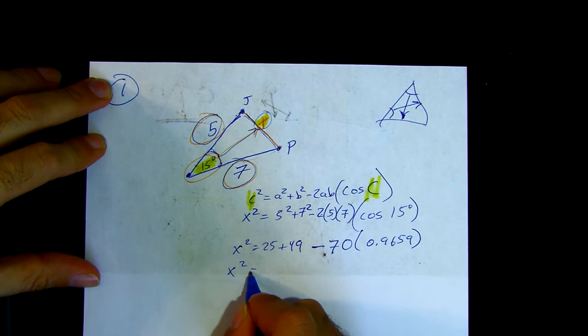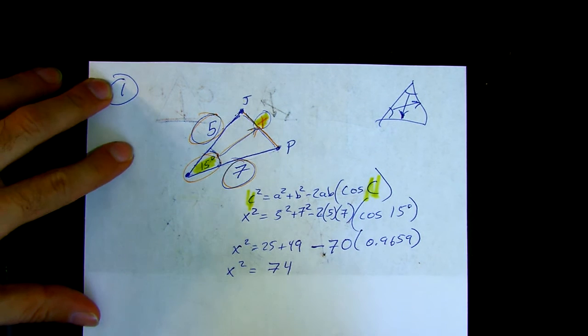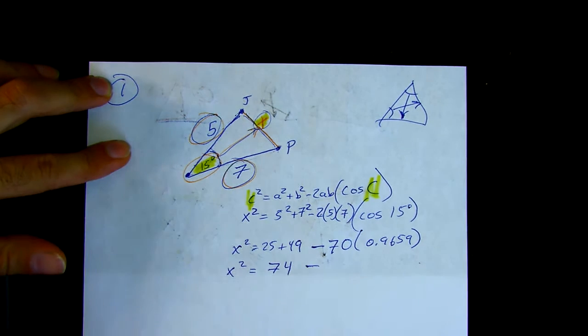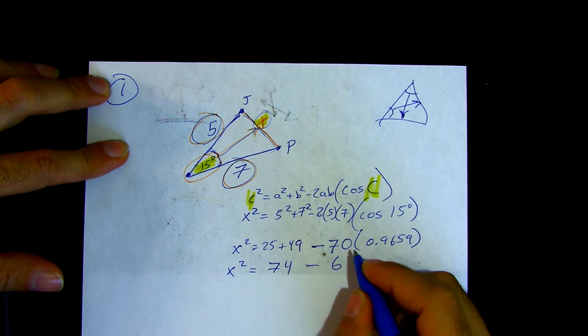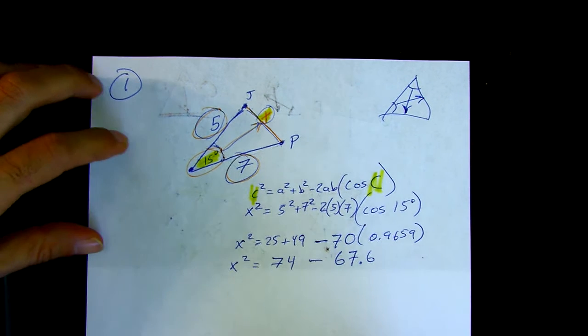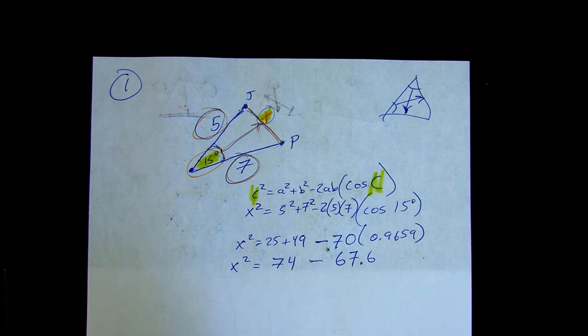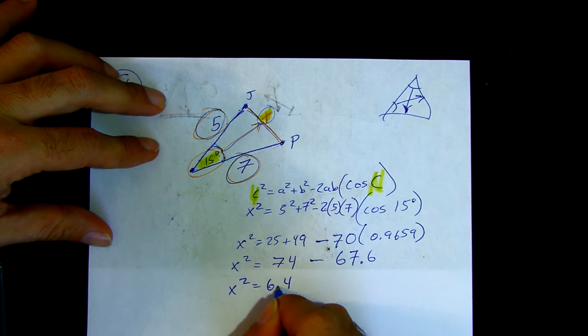X squared is equal to, let's see, 74 minus what we just had in our calculator. We just keep it there and times 70, and it's going to be the negative version, negative 67.6. All right, and then 74 minus 67.6, x squared is 6.4.